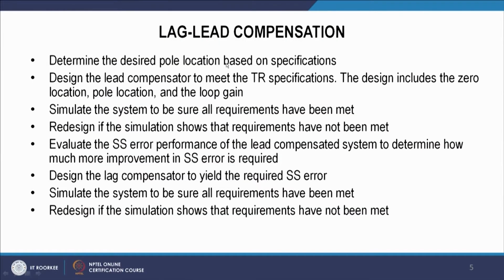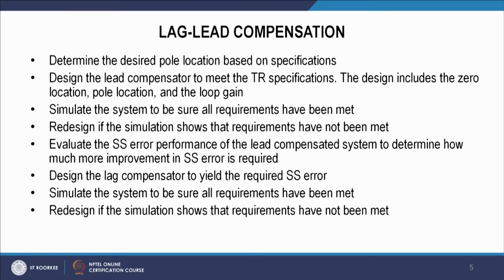So the steps are that first we have to determine the desired pole location based on the specifications. So what is our design requirement? Based on that we have to determine the desired pole location. The pole location is mainly decided by the transient response requirement, like percentage overshoot, settling time, peak time.